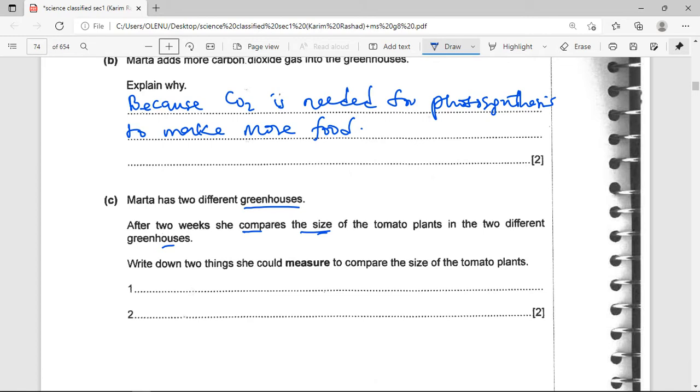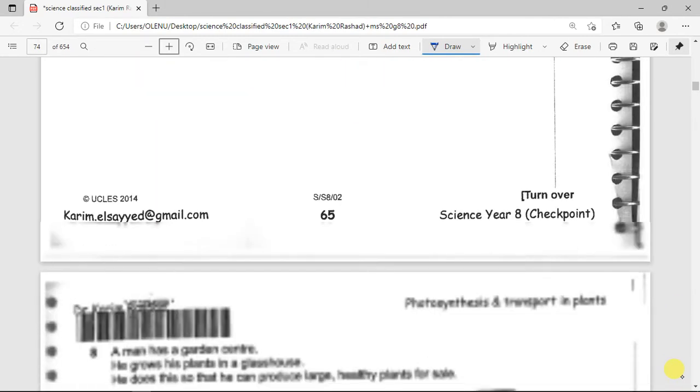Two things she could measure are the number of tomato fruits produced by the plant, and the height of the plant, or the dry mass, whichever.